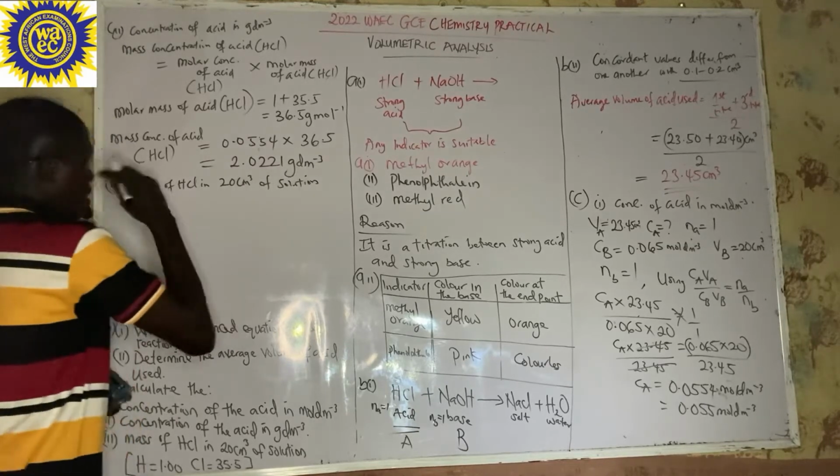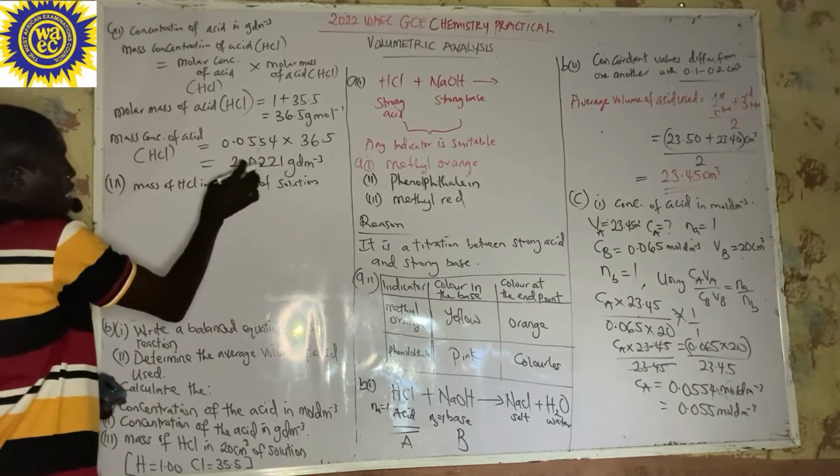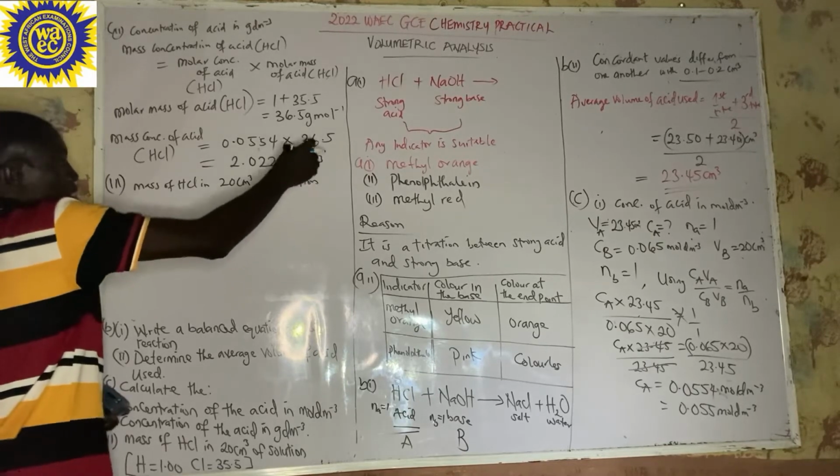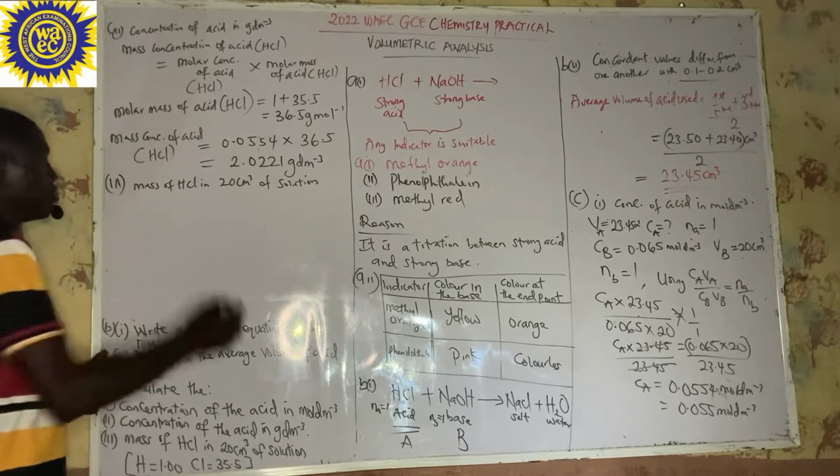Now, look at this. What this one means is that 2.0221 gram per dm³ is dissolved in 1000 cm³.